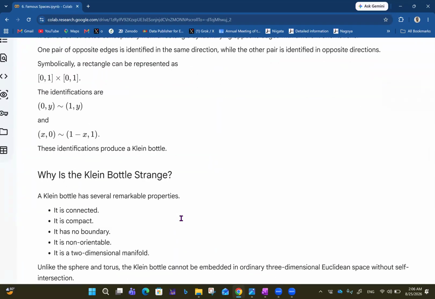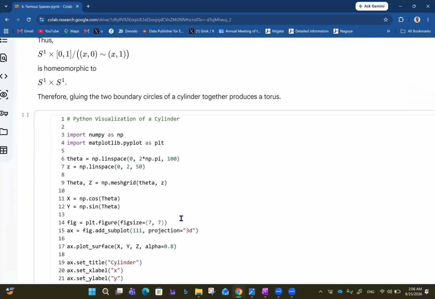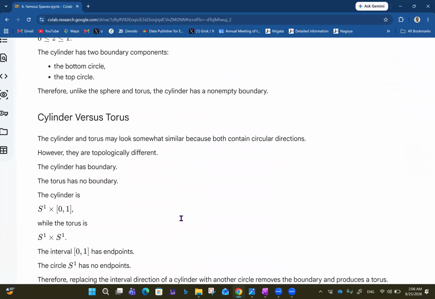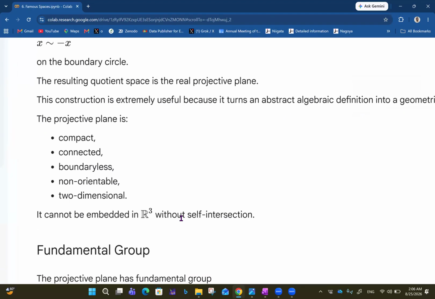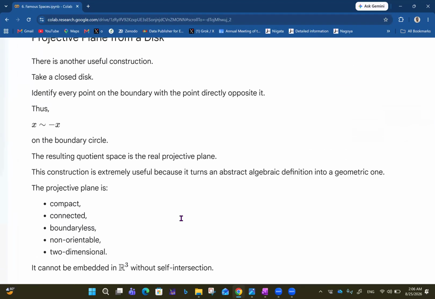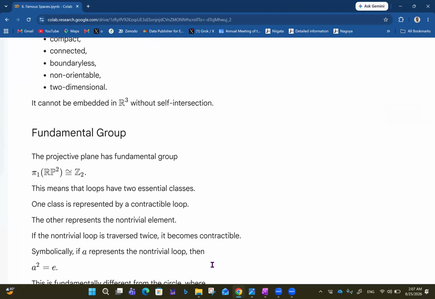So, still talking about the projective plane, the resulting quotient space is the real projective plane. This construction is extremely useful because it turns an abstract algebraic definition into a geometric one. The projective plane is compact, connected, boundaryless, non-orientable, and two-dimensional. It cannot be embedded in R3 without self-intersection.